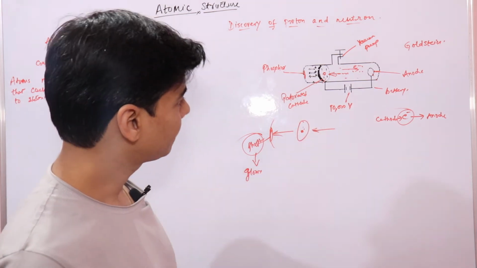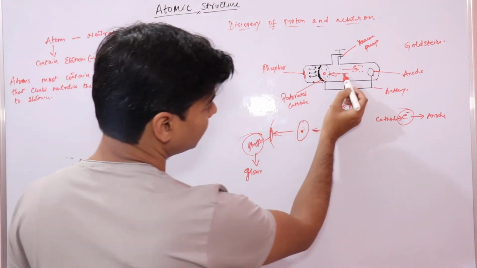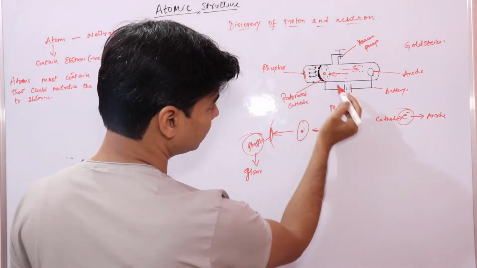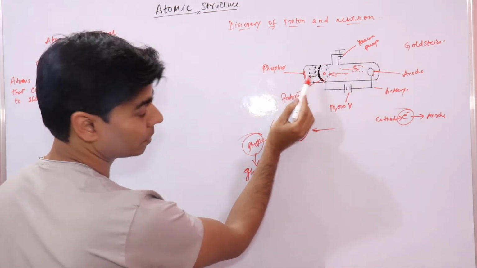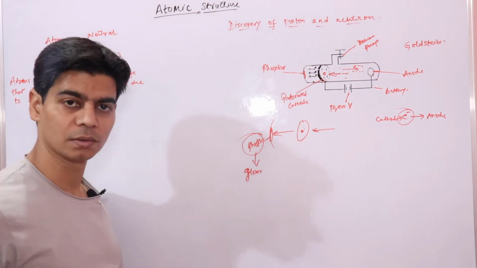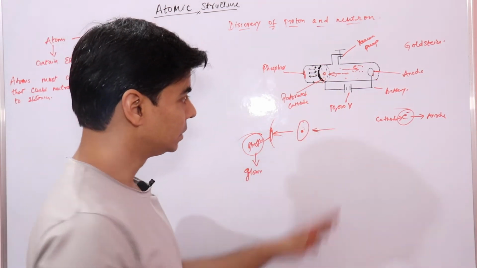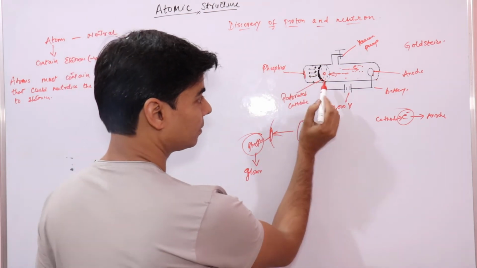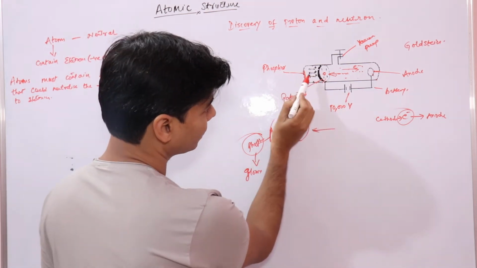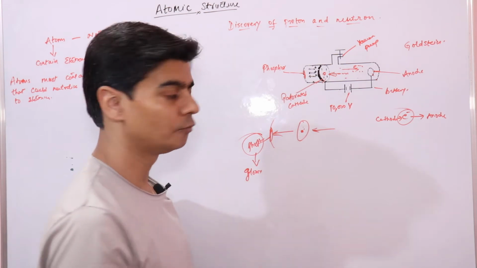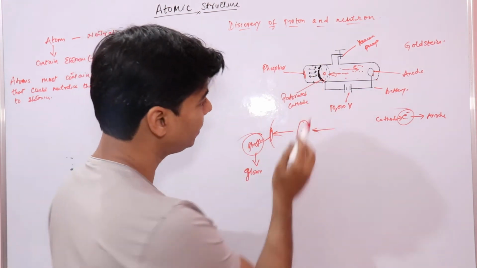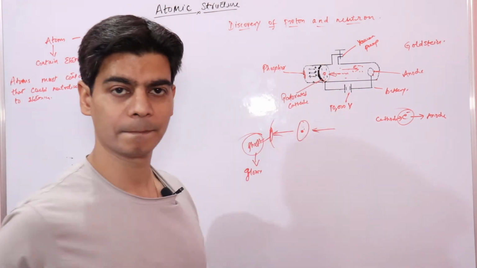Now in this case, since this phosphor is located behind this cathode, and we have a hole in this cathode, the rays that are striking this phosphor behind the cathode must be passing through this hole, right?